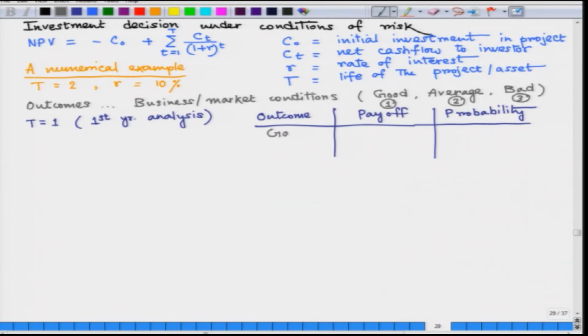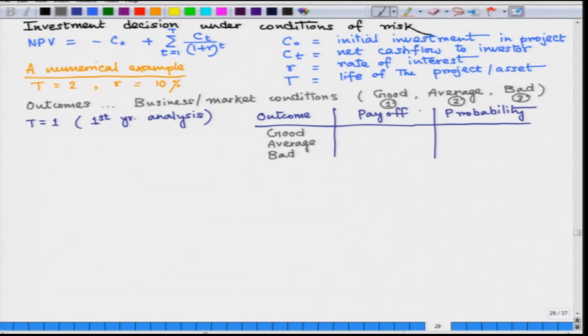So, we can have good, average and bad states, and the payoff will depend.